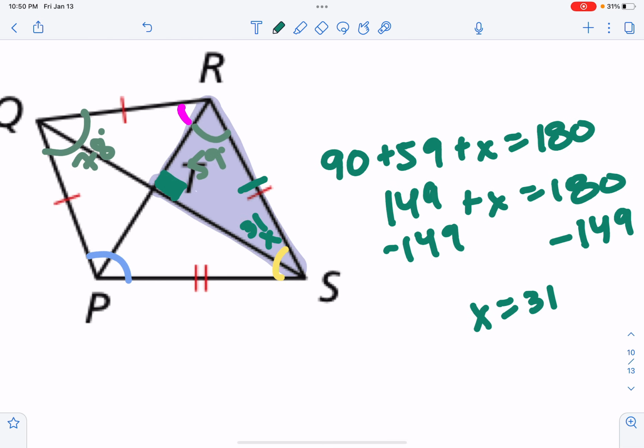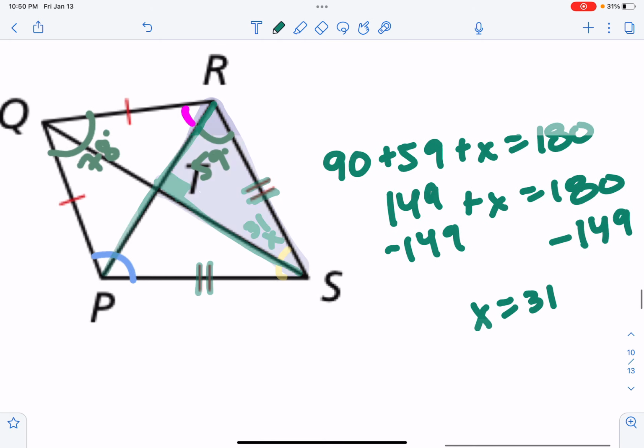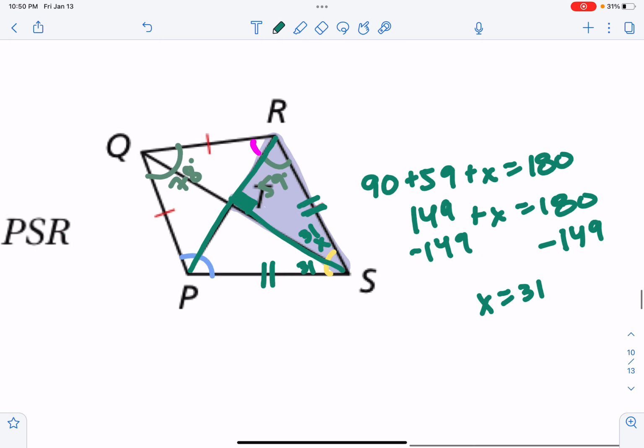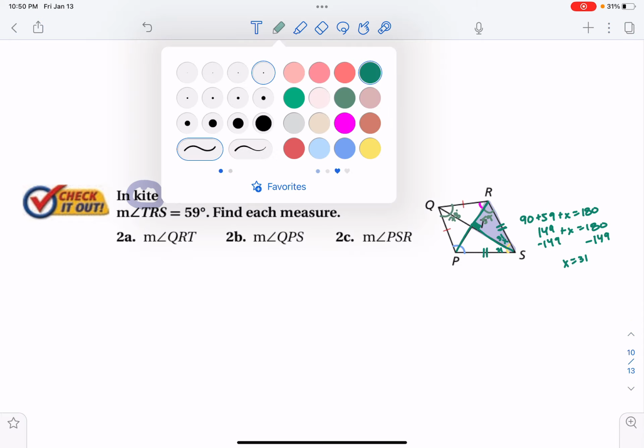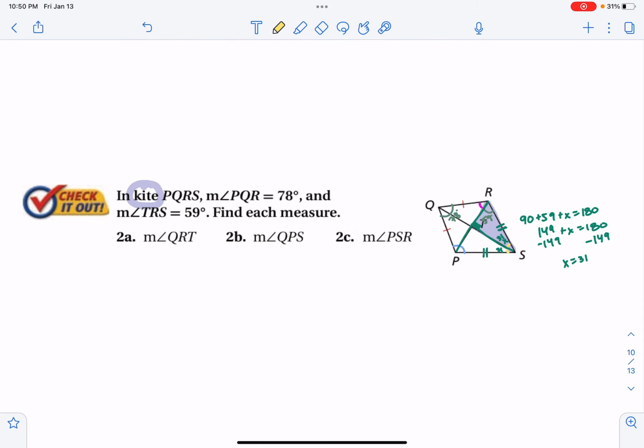Because these are the same, it's an isosceles, basically, and this is a right angle. This cuts it down the middle. So if that's 31, this is 31, and our answer for yellow should be double of 31, which is 62. So PSR was 62 degrees.